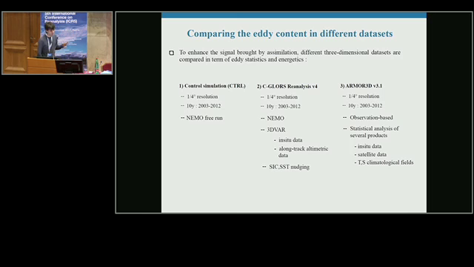And for an independent benchmark, we use the Armor3D dataset. That is an observation-derived dataset that is able to generate a 3-dimensional ocean state, so temperature, salinity, and speed, starting from a statistical analysis on several observation products.